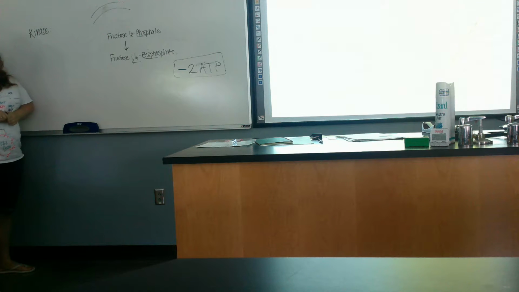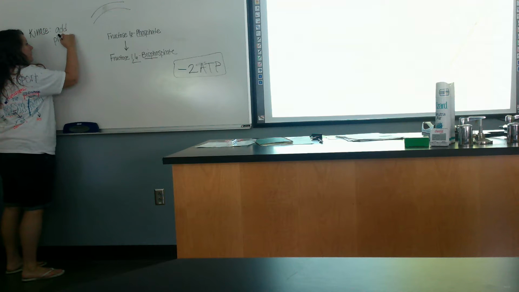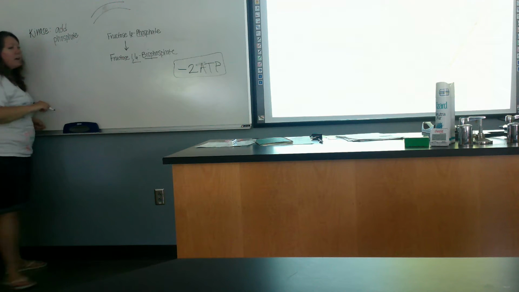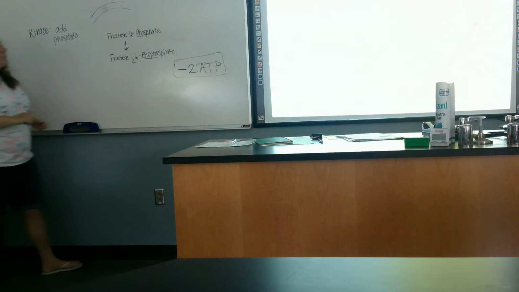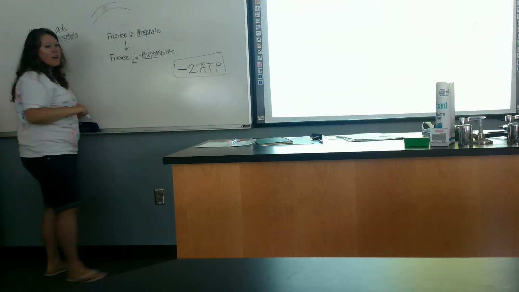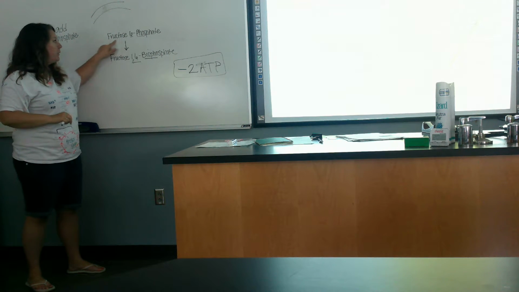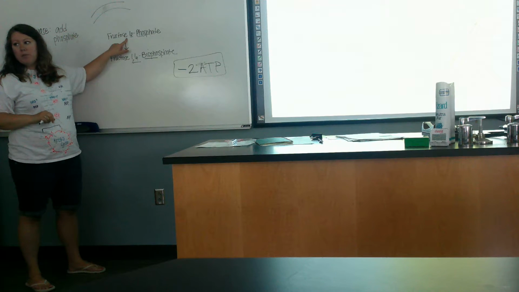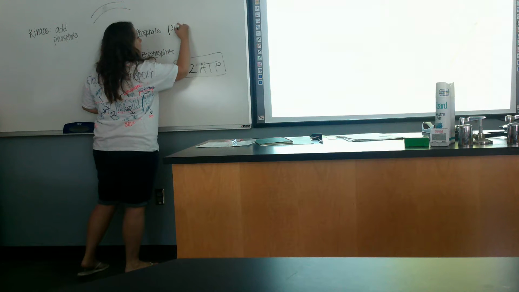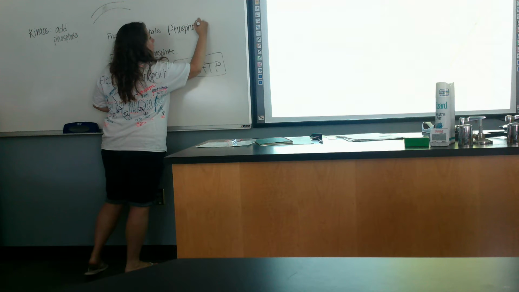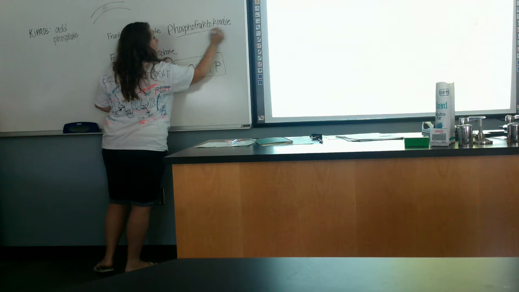Kinases add phosphate groups. Anytime you see a kinase acting, you know a phosphate is involved. So phosphofructokinase is adding a phosphate group to a fructose. Does that help? Hopefully that helps you remember the enzyme. So, phosphofructokinase. That one you need to memorize.